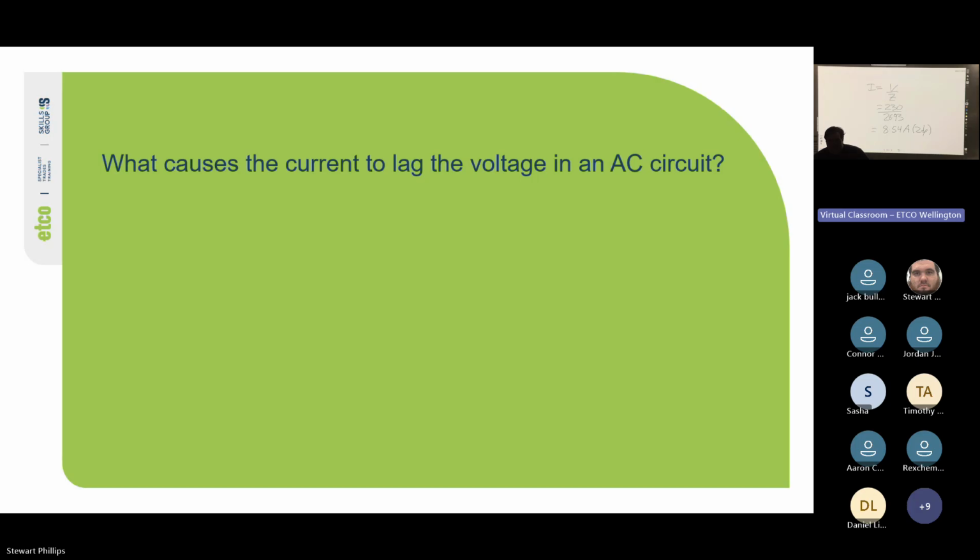XL being higher than XC? Yep. Inductive loads, yeah.